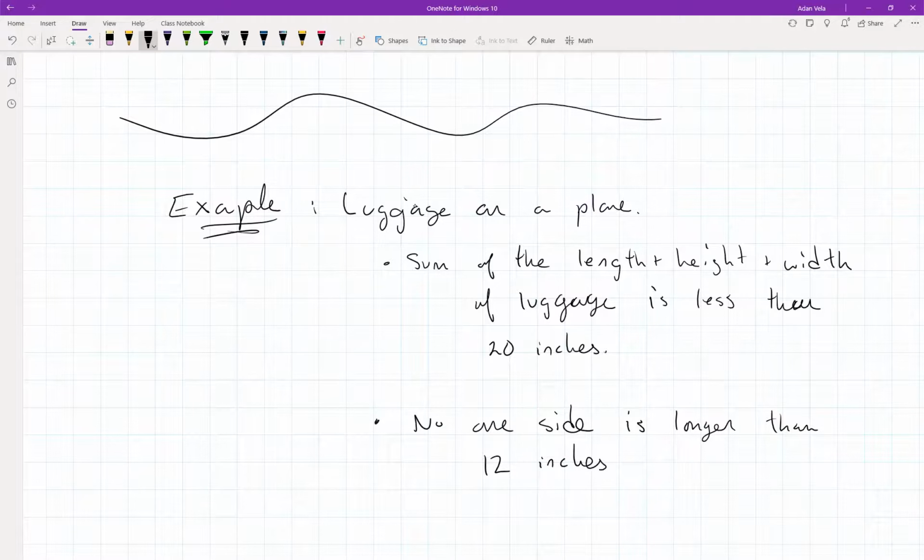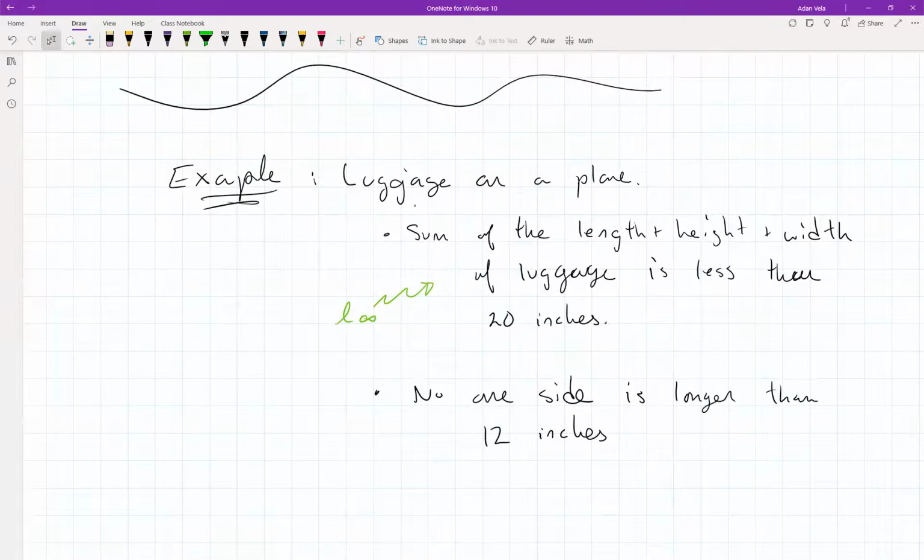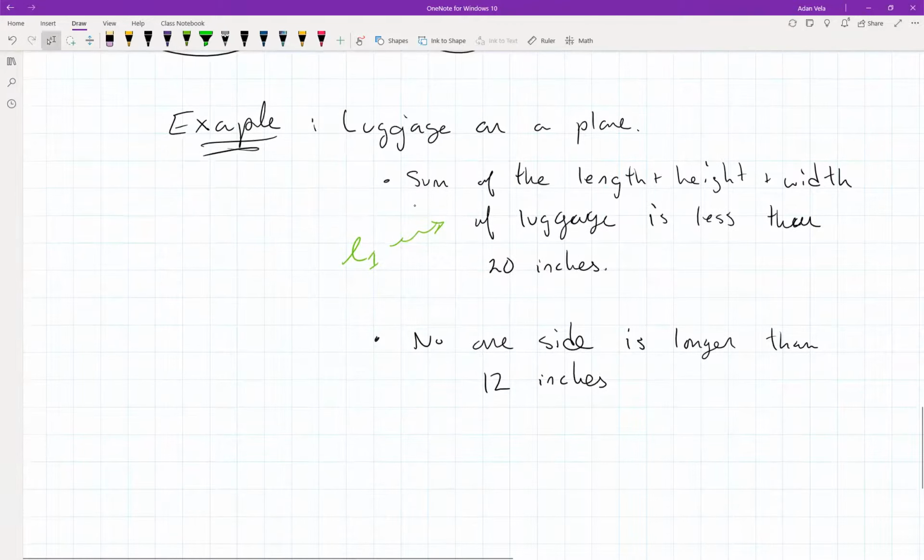This is exactly what corresponds to the L infinity and the L1 norm. This first one is going to be the L1 norm, because the L1 norm takes the sum of the absolute values, while the L infinity norm looks at the maximum of the values.